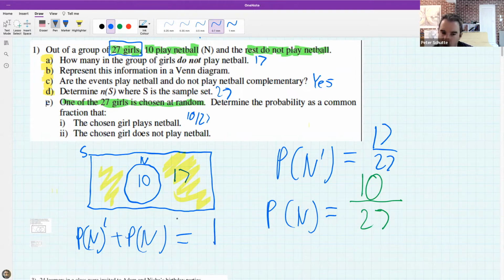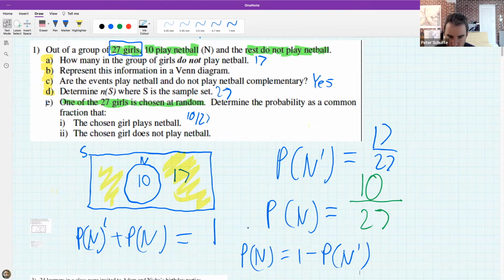And so this is the other way you know if two events are complementary. If their probabilities add to 1, they are complementary. Okay, and if you rearrange this, you can rewrite it as P(N) equals 1 minus P(N'), but you don't have to do it like that. It's just to point out. So this is that complementary relationship that we were talking about earlier.